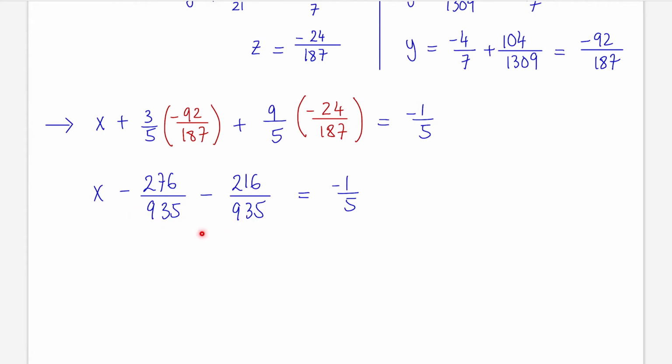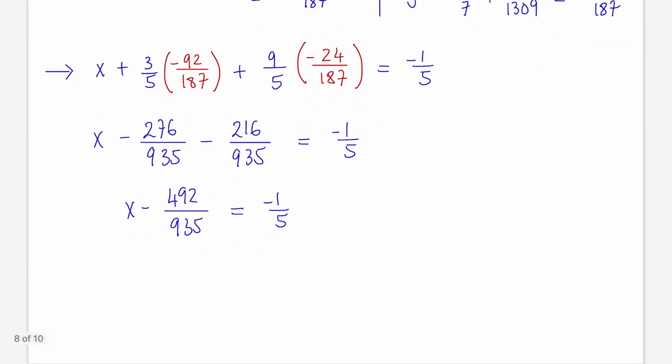Now I am going to combine these two fractions. I'll get negative 492 over 935. And I end up with x minus 492 over 935 equals negative 1/5. In order to solve for x, I'll need to add this fraction to both sides.